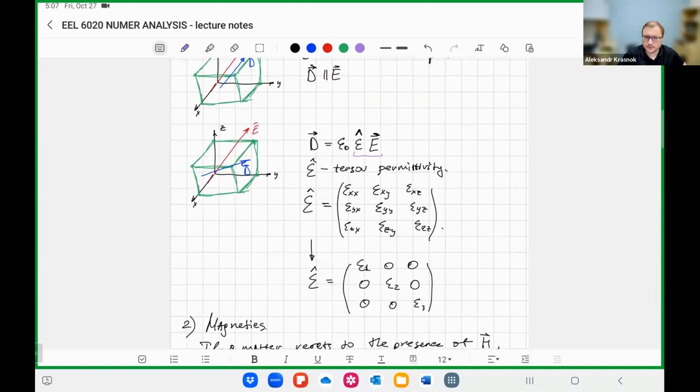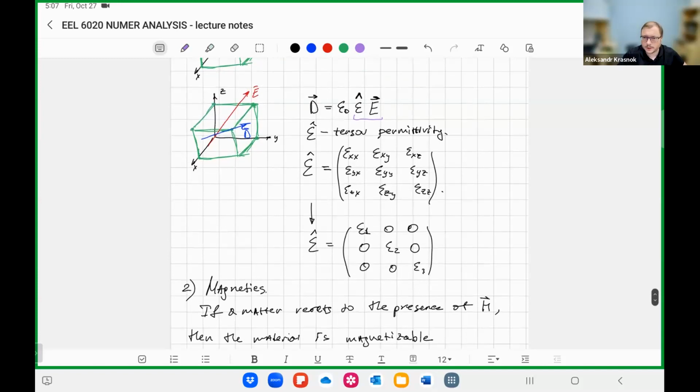Dielectric permittivity and refractive index, of course, can be tensors if we deal with materials with some anisotropy, which is quite often the case.